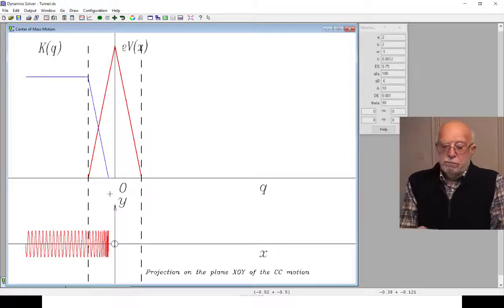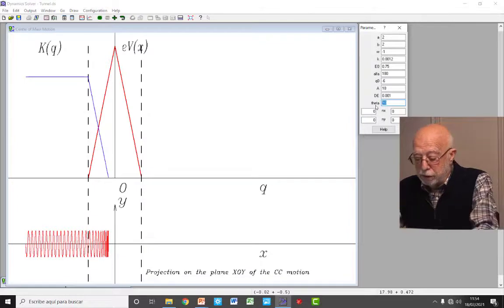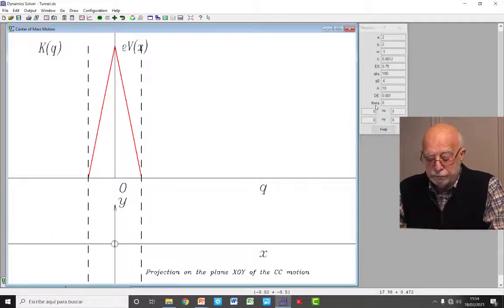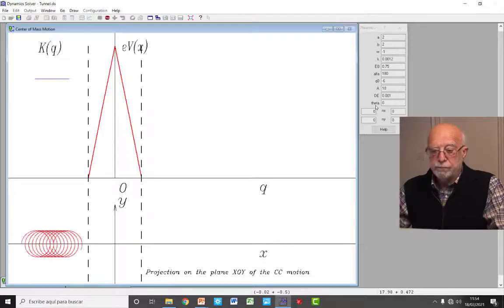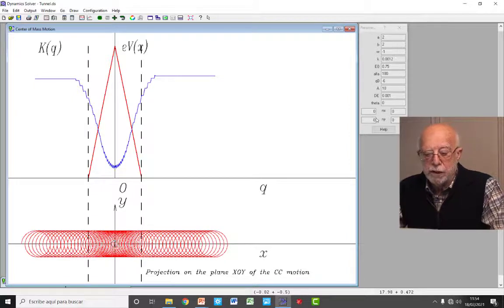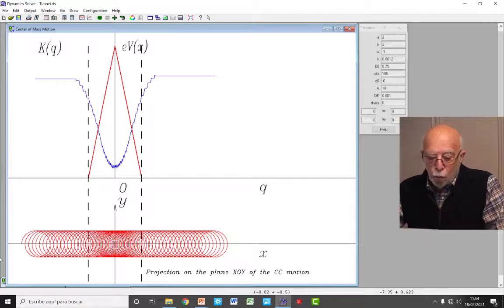Now let us turn the spin pointing upwards, 0 degrees, and with the same kinetic energy and see what happens. Oh, the electron has crossed the barrier. What is happening here? When the center of charge enters into the electric field, the kinetic energy decreases.